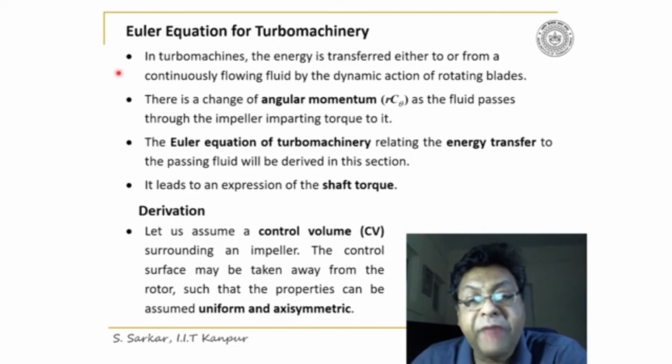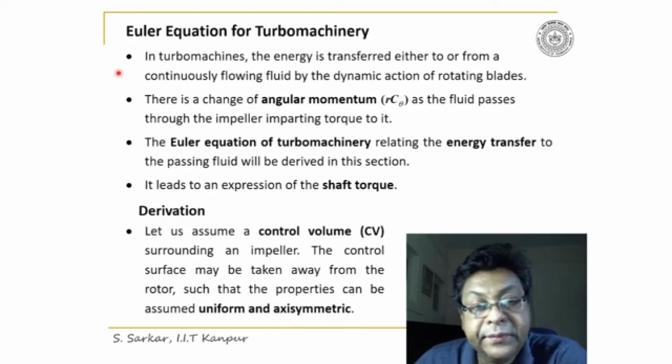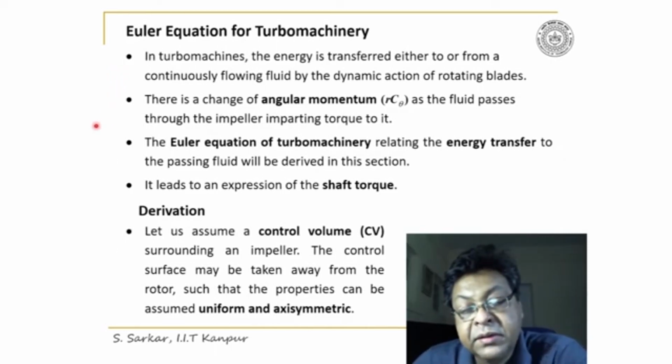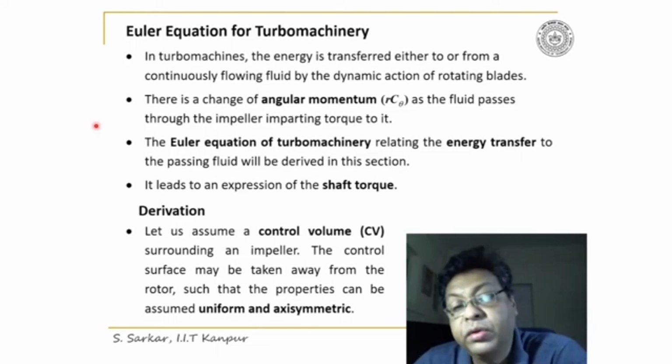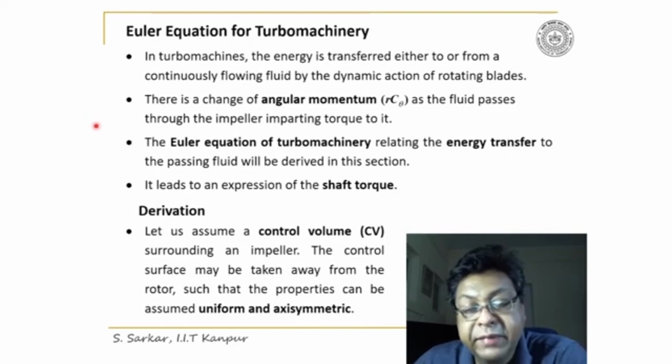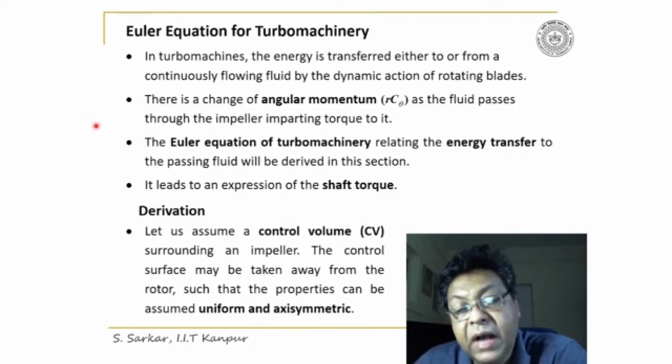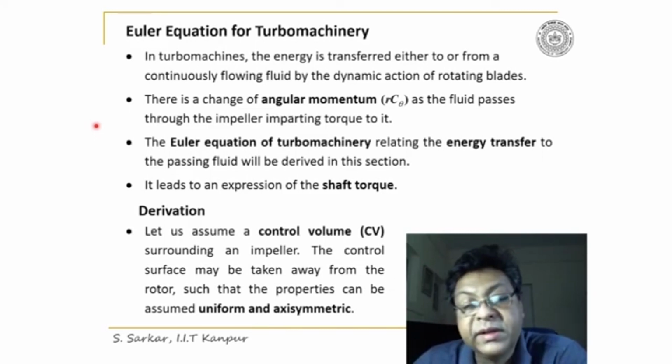There is a change of angular momentum as the fluid passes through the impeller, imparting torque to it, and thus the Euler equation of turbomachinery will be derived in these sections, which gives us the expression of shaft torque.